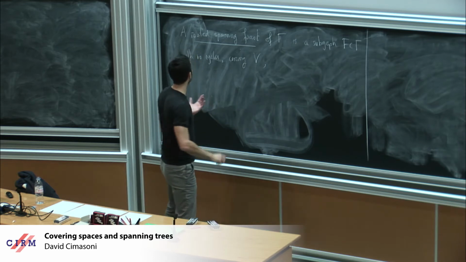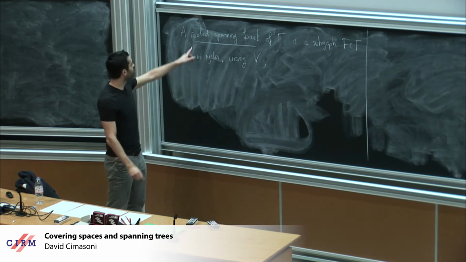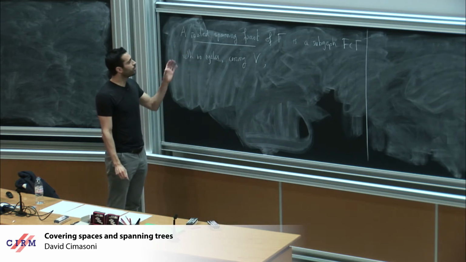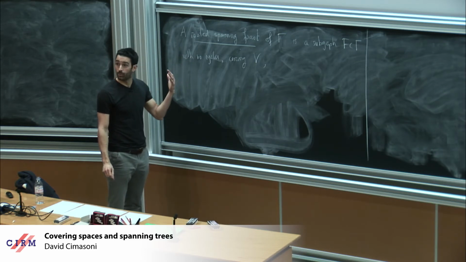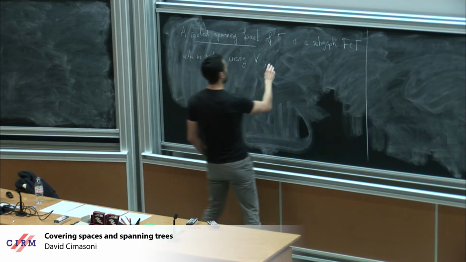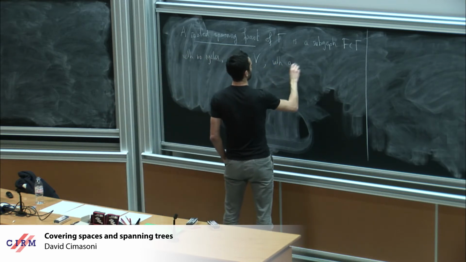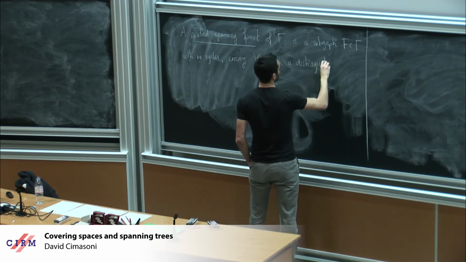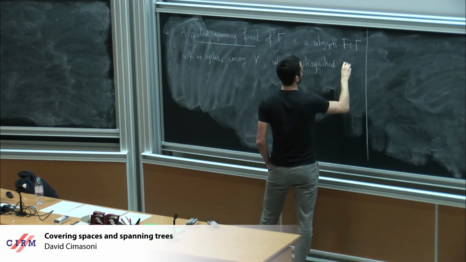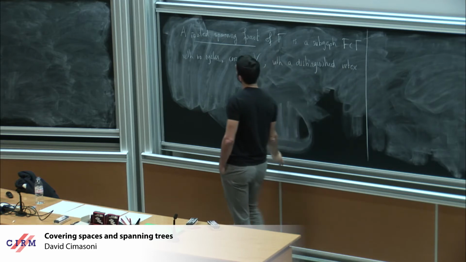So that would be a spanning forest. And the word rooted stands for you want to mark a specific vertex in each connected component of F. Okay? So with a distinguished vertex in each component.